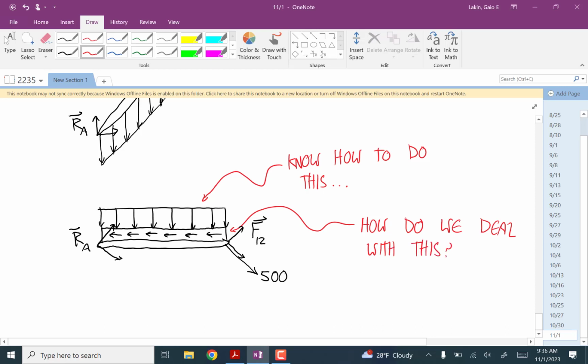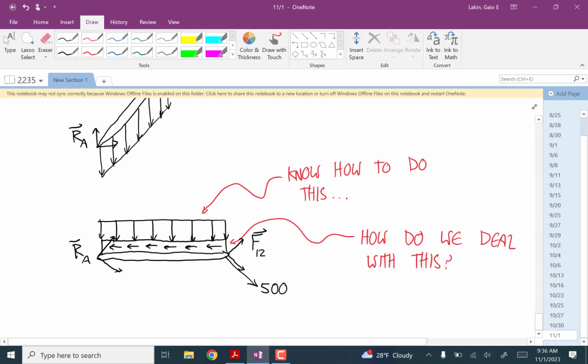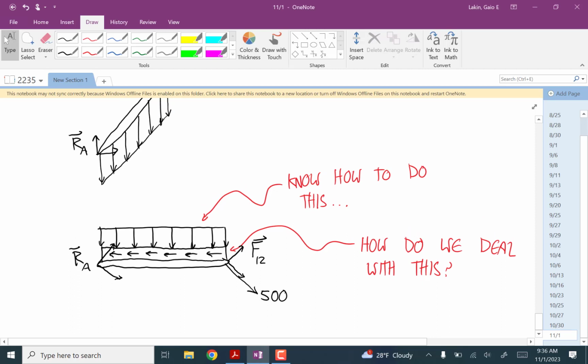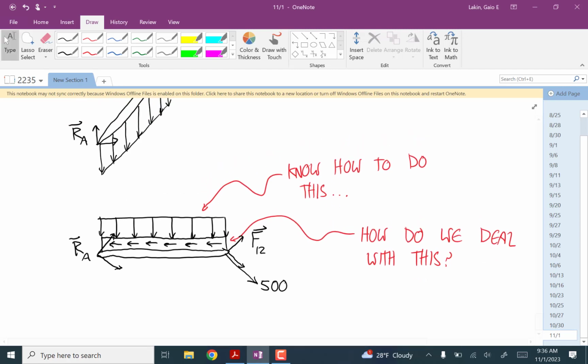Okay, so that arises if you're trying to calculate internal loads in members of a structure where the members aren't lying perfectly horizontal. Well, okay, so first let's talk about how to get it into this form, and then we'll talk about how to deal with that, okay?